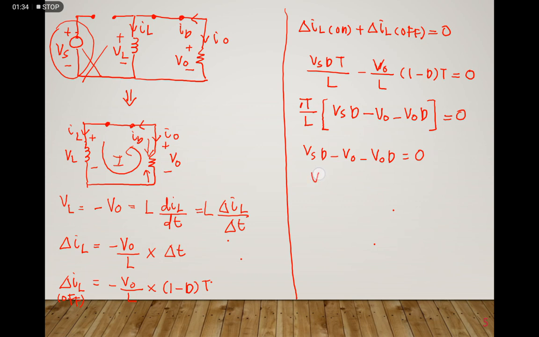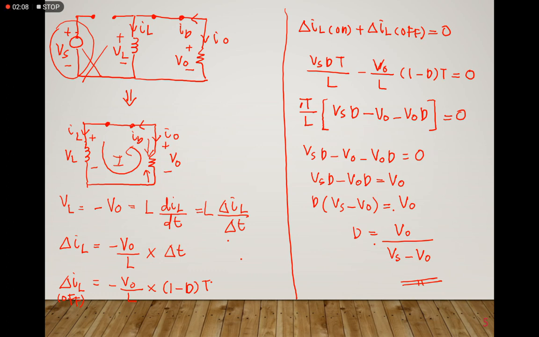So we have VsD minus V naught D. We bring the minus V naught to this side, it becomes positive V naught. So (Vs minus V naught) times D equals V naught. So your D here will be equal to V naught over (Vs minus V naught). This is the equation of your duty cycle.